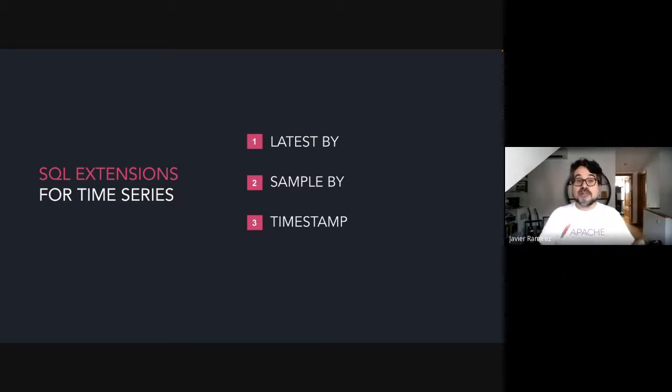So you can change the configuration to define how often your data is going to be committed to disk. The moment the data is committed to disk, it's immediately available for querying, and queries happen in milliseconds. If you are using very complex aggregate functions, then it's going to be seconds. But for regular queries with just cheap aggregation functions, it's going to be milliseconds. So it's super fast to consume data.